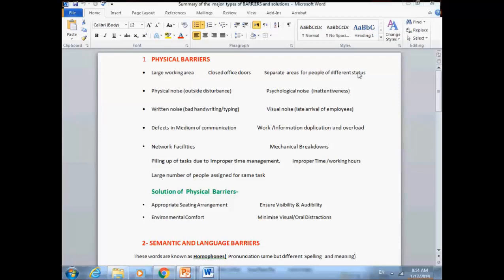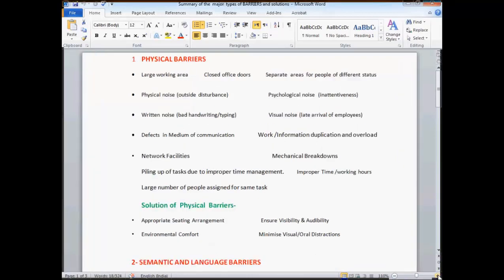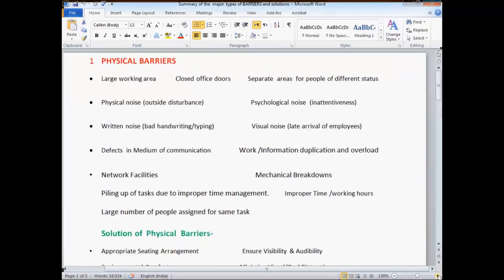And solutions of physical barriers: appropriate seating arrangements, environment comfort, ensure visibility and audibility, minimize visual and oral distractions. These are just examples. Read them. This is good. So this is not bad.